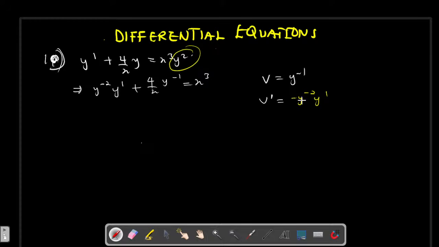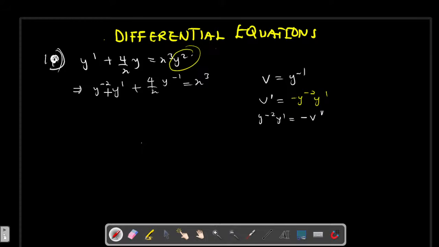Then I have negative y to the power negative 2 y prime, and I can make it the subject. So I'll simply say y to the power negative 2 y prime is equal to negative v prime. Then when I come here, I'll simply replace this with my negative v prime.